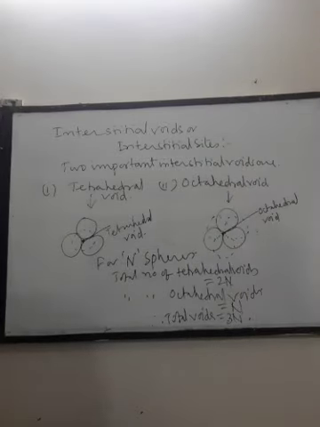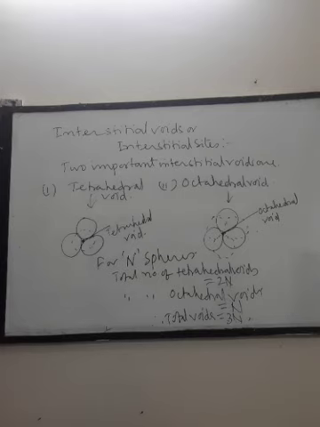So if n spheres are involved in an arrangement, then the total number of tetrahedral voids is twice n, that is double the number of spheres. The total number of octahedral voids is the same as n, and the total number of voids is thrice n.